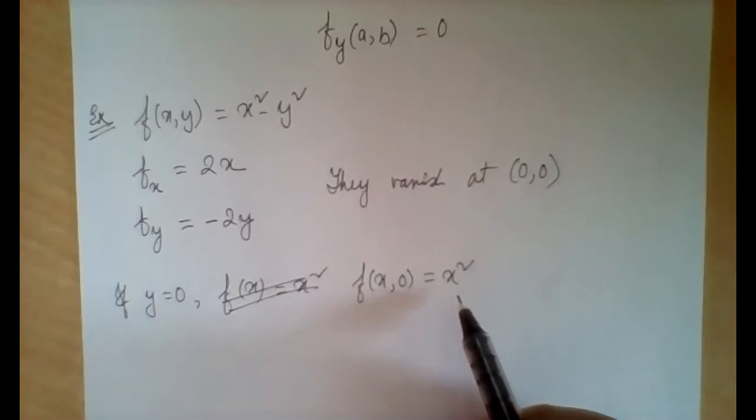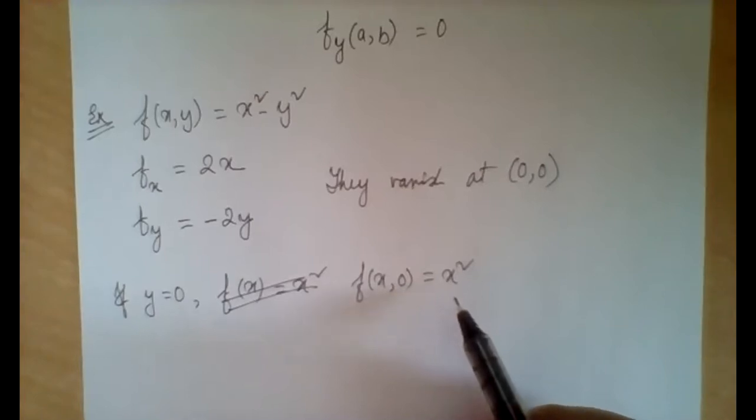This function has no maximum value; it can go up to infinity. But it has a minimum value. This function cannot be negative. The minimum value is 0. When x equal to 0, this becomes 0. Otherwise, it is always a positive number. So this function has a minimum value when x equal to 0.